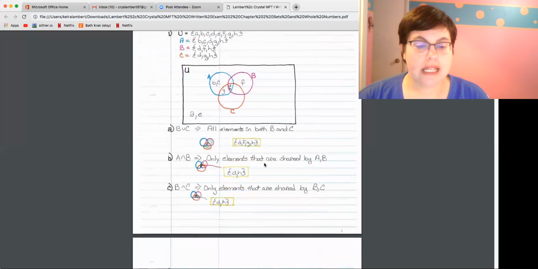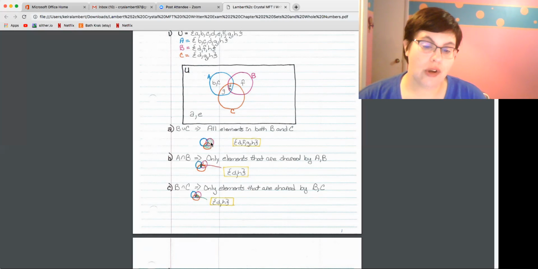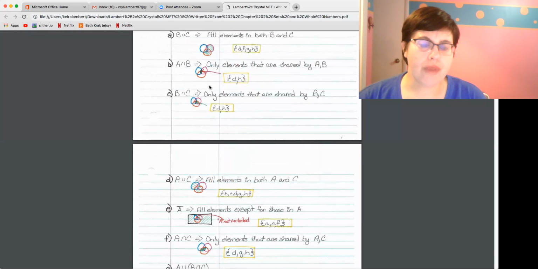When we read this, in A, you're going to see B union C, which means all elements in both B and C. So under it, you're going to see where I shaded in what you're going to include. And in this case, it's all of B and all of C. And I did the same thing for each of the problems after that.